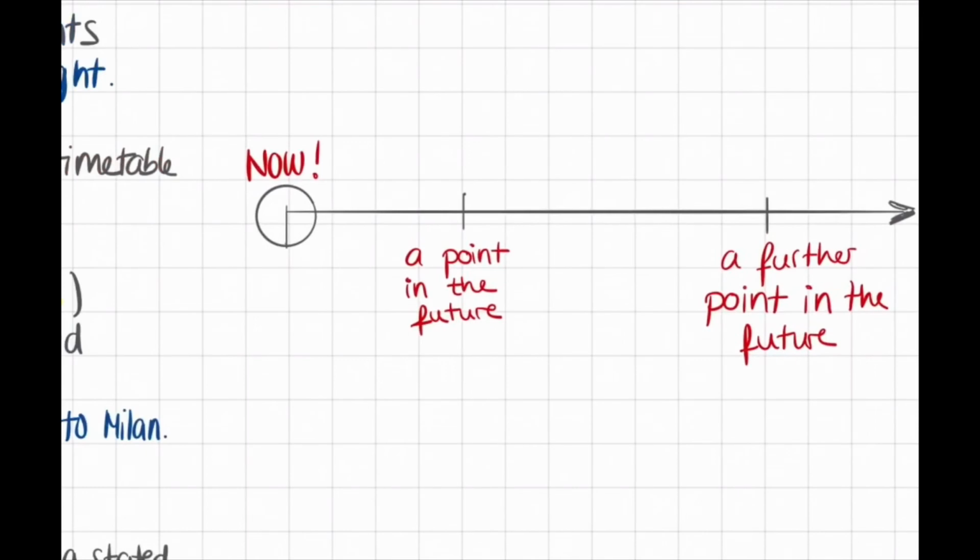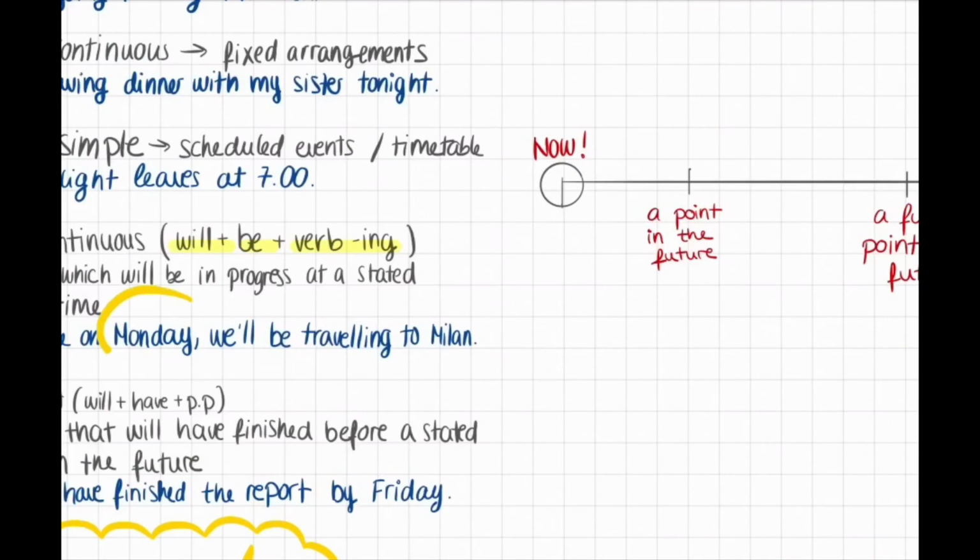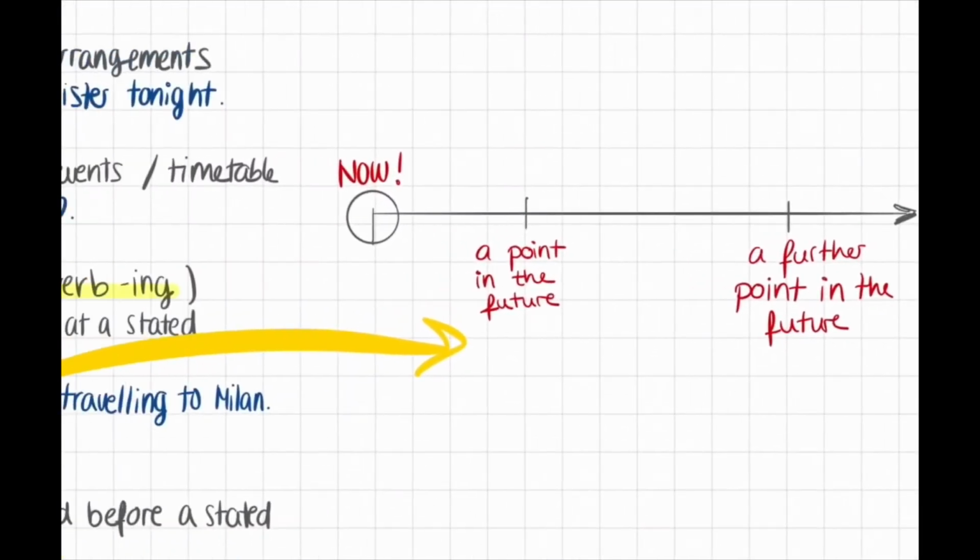In this timeline, now would be the starting point, and we're talking about something that we're going to do in the future. In this case, it's on Monday, okay? So that would be here. But it's not a specific point in the future, but it's something that lasts for some time. So we will be traveling this whole time.